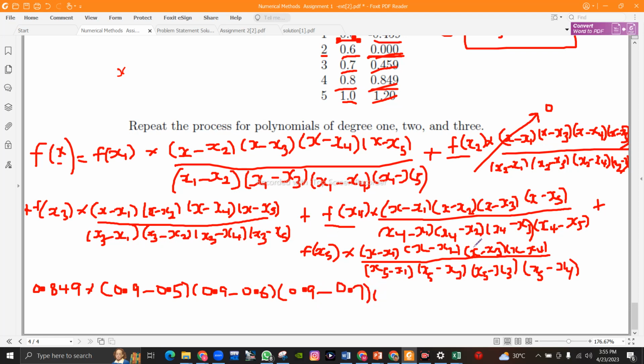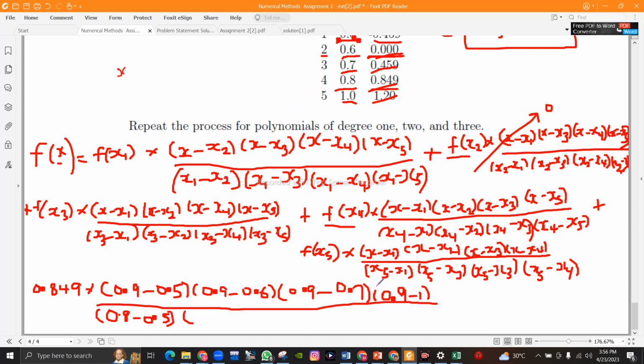Bracket, x minus x5. That's 0.9. x is 0.9, x5 is 1. Then divided by x4 minus x1. x4 is 0.8 and x1 is 0.5. Put them in brackets.